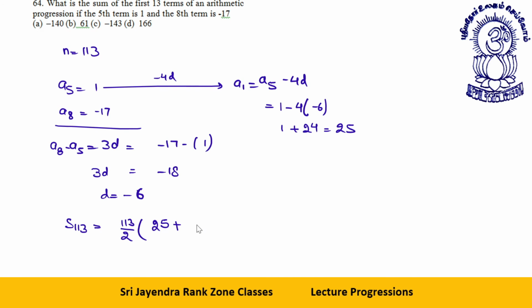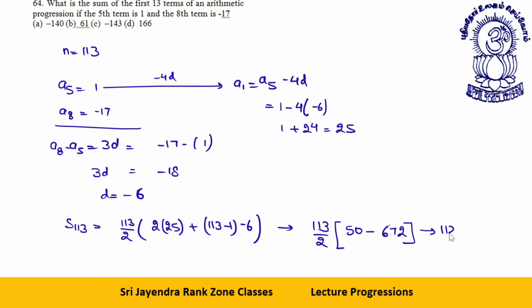Okay, 2a plus n minus 1 into d, where d is minus 6. So this gives you 113 by 2 into 50, plus 112 into minus 6, which will be minus 672.